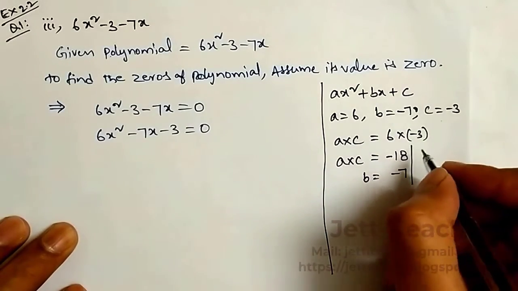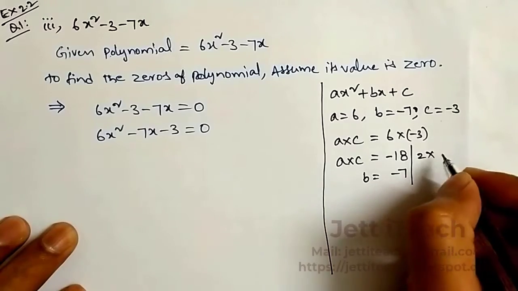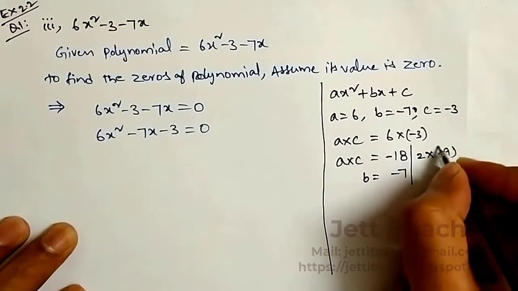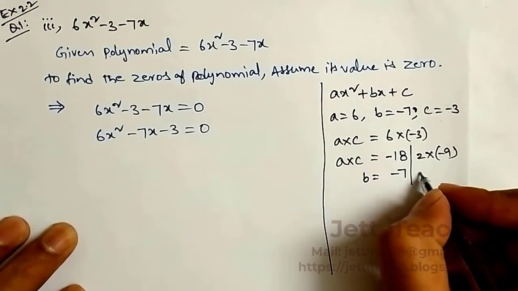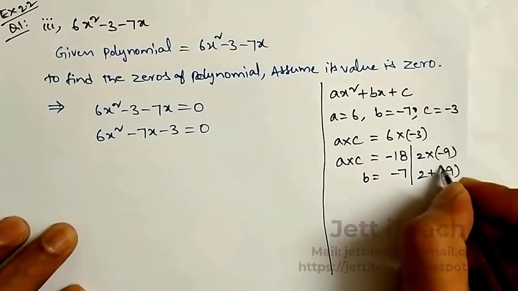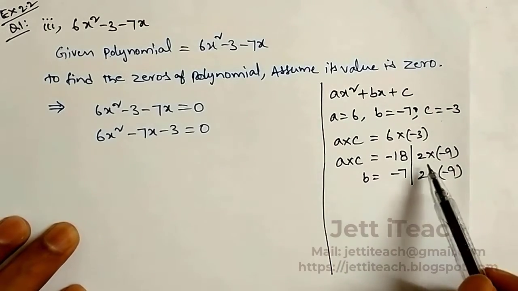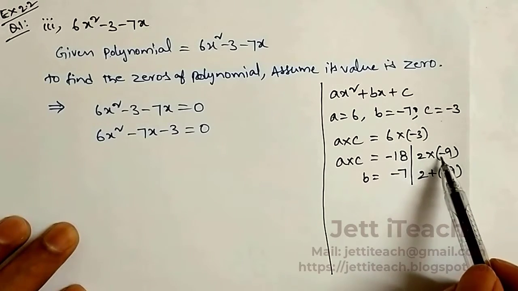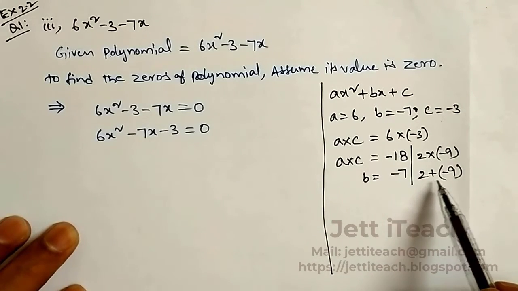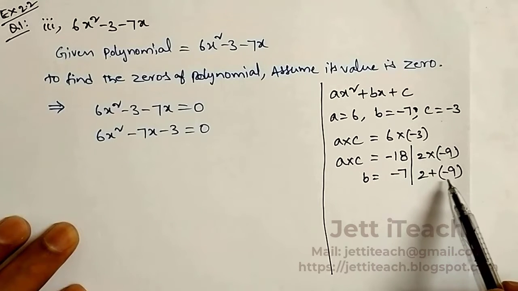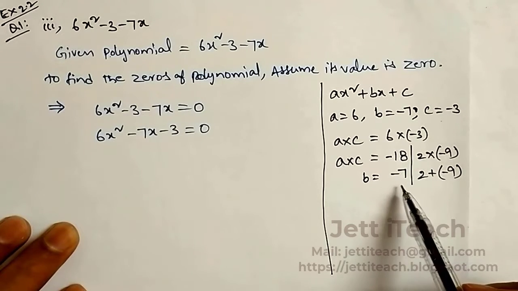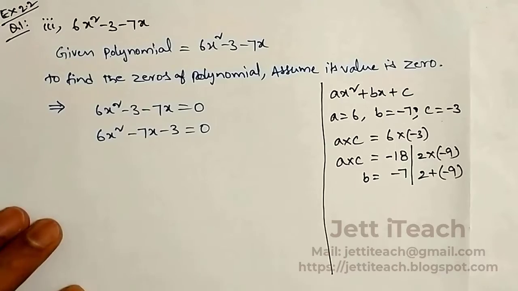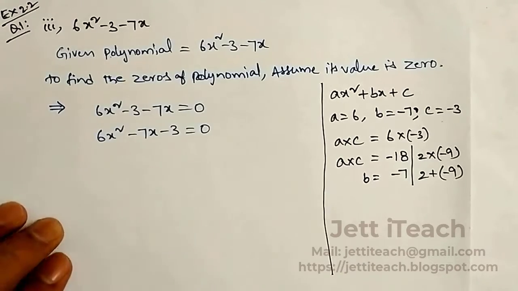You can write it as 2 into minus 9. 2 into 9 is 18, and 2 plus minus 9, you will get minus 7. You can split it like that.